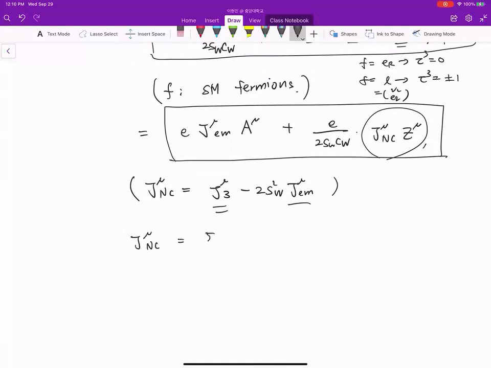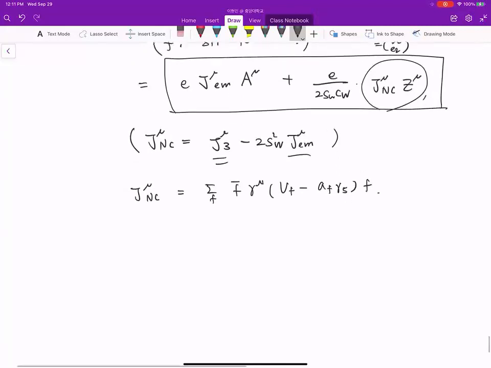Sometimes we use this notation. So this is the vector, and this is the axial coupling, axial.